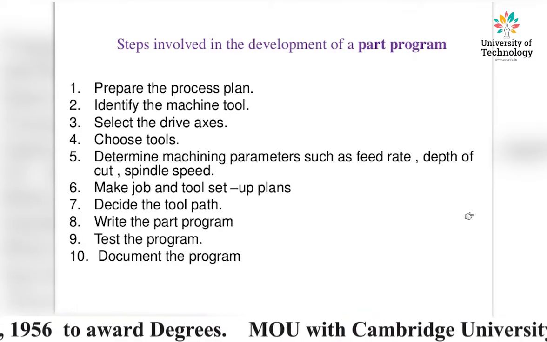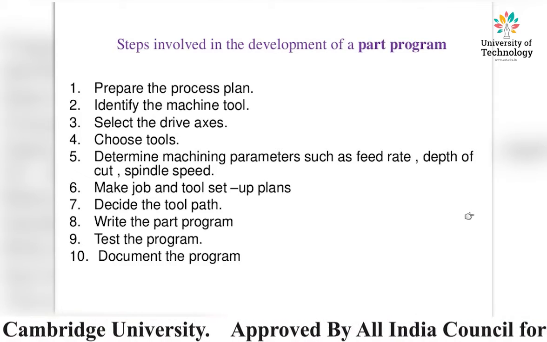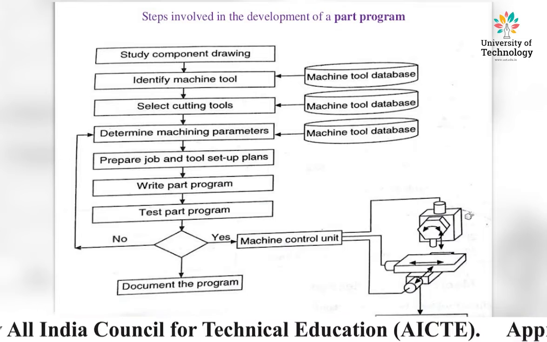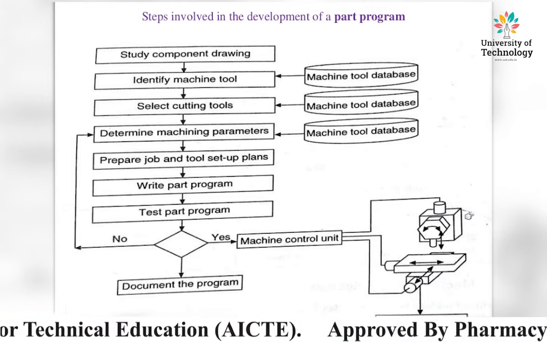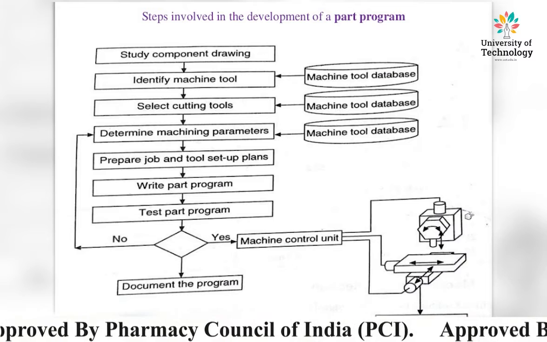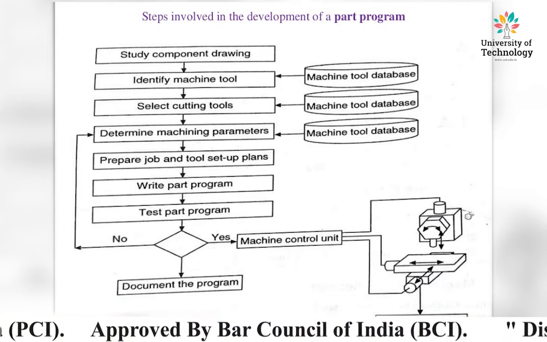These are the basic steps for developing a part program in NC and CNC systems. Here is a block diagram of the steps involved in the development of the part program.